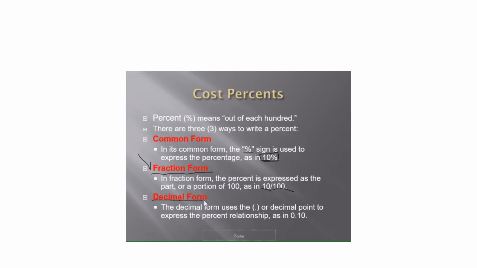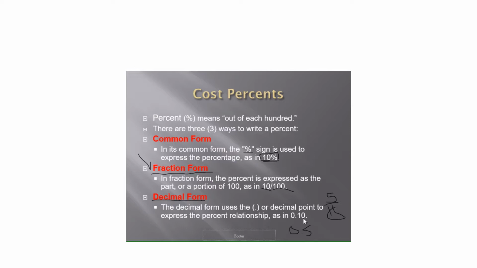It's important to go over decimal form, because when we put a percentage calculation into our calculator, the answer that we're going to get back is going to be in decimal form. So if I plug in 5 divided by 10 into my calculator, it's going to give me something like 0.5.